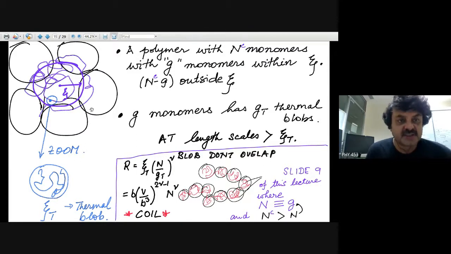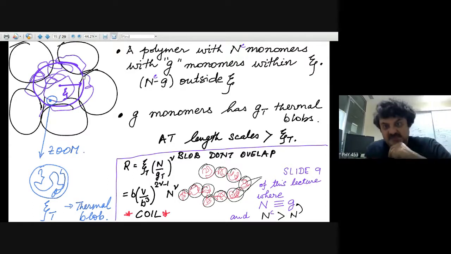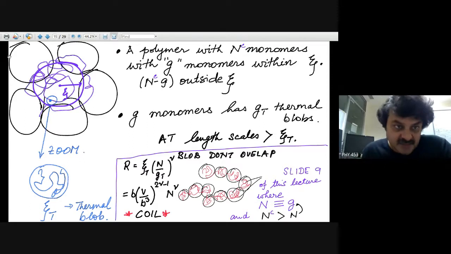So if you draw a circle from the center of the polymer, you define a length scale. So basically I'm saying that G is different from GT; GT was the thermal blob length scale. Here you have a zeta which is greater than the thermal blob.